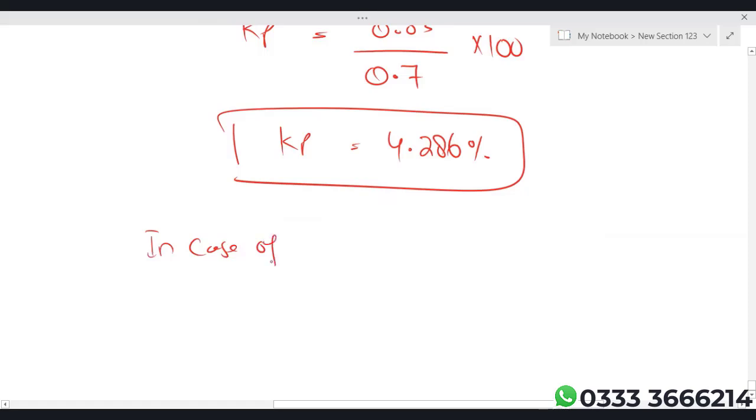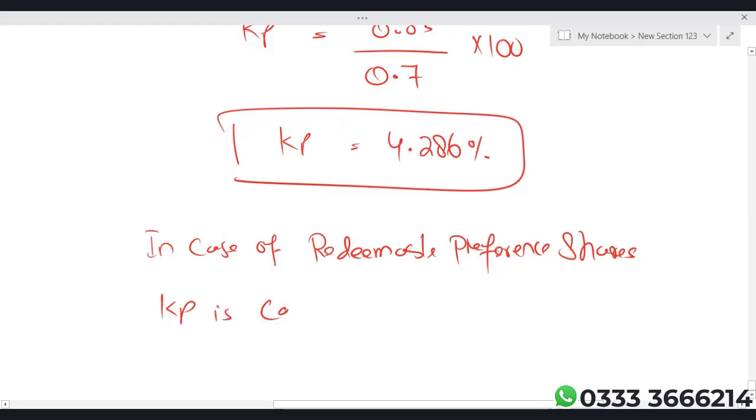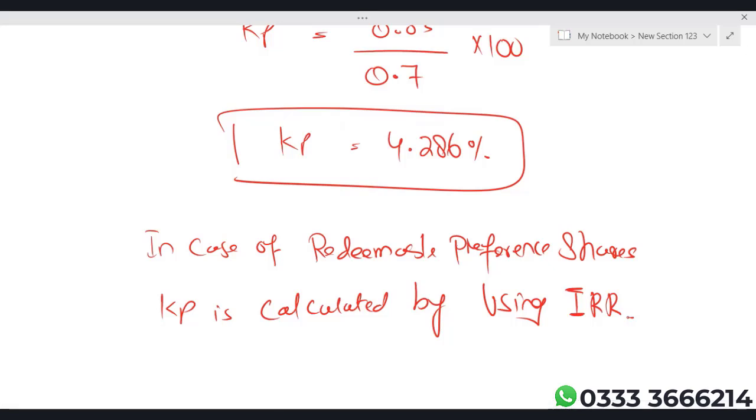In case of redeemable preference shares, KP is calculated by using IRR.